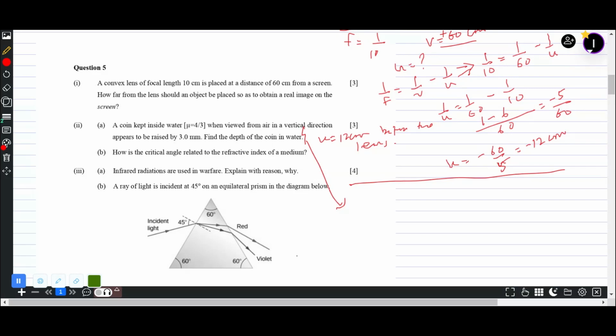So how do you do such questions? What is the formula for apparent depth and real depth? Mu, the refractive index, is equal to real depth upon apparent depth.